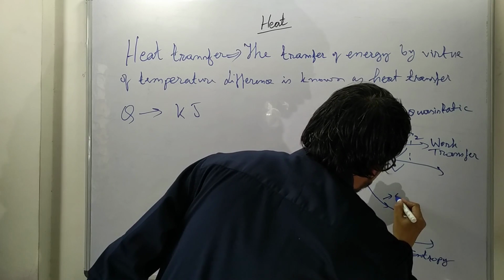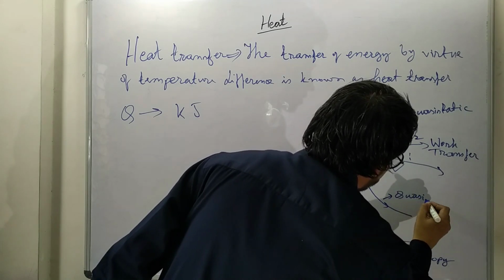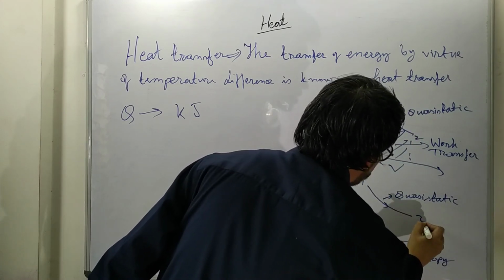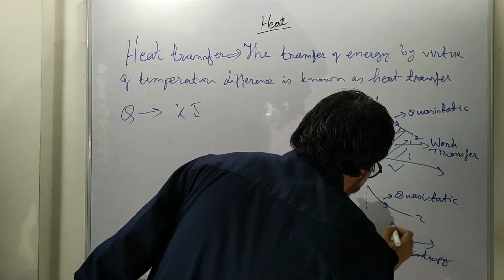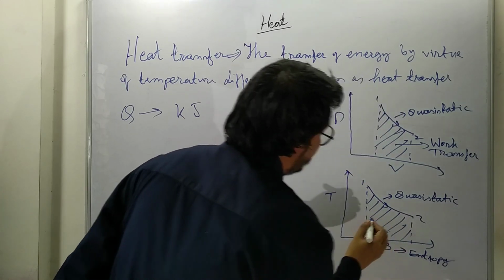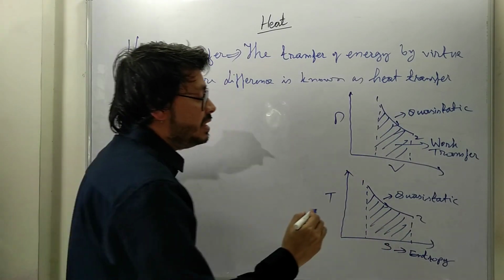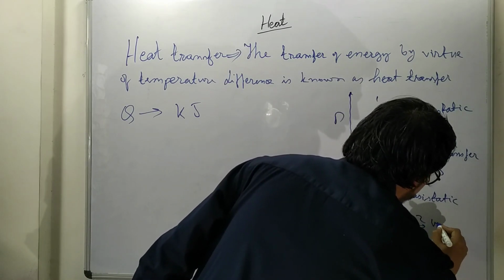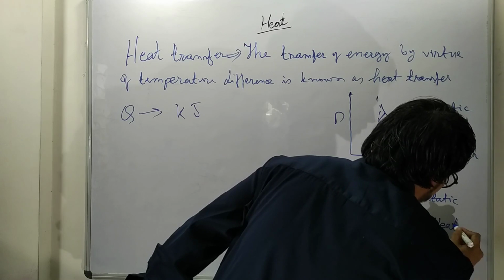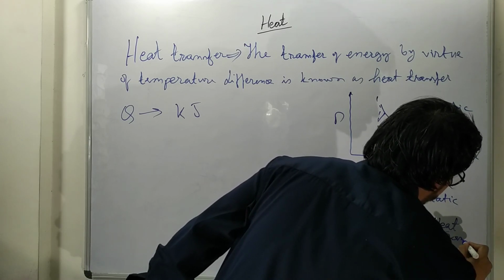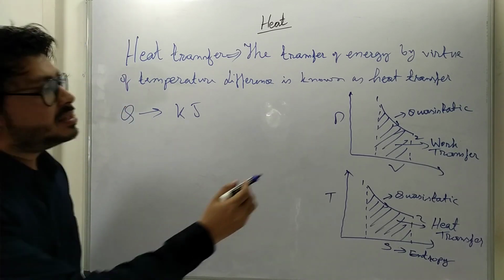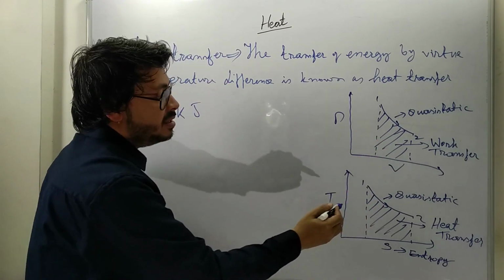This is a quasi-static process from state 1 to state 2, and the area under the curve on the TS diagram is the heat transfer. So the area under the curve on the PV diagram is work transfer, and the area under the curve on the TS diagram is heat transfer.